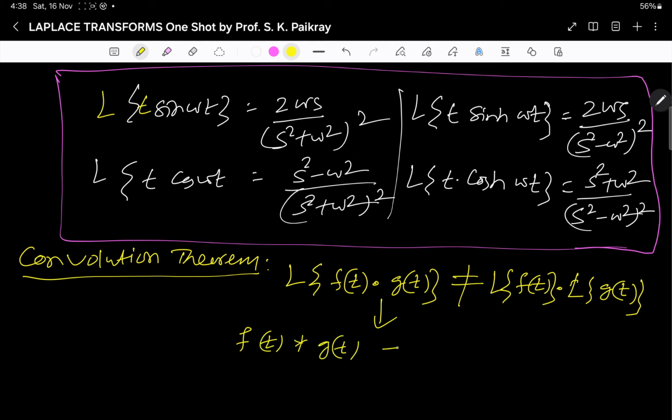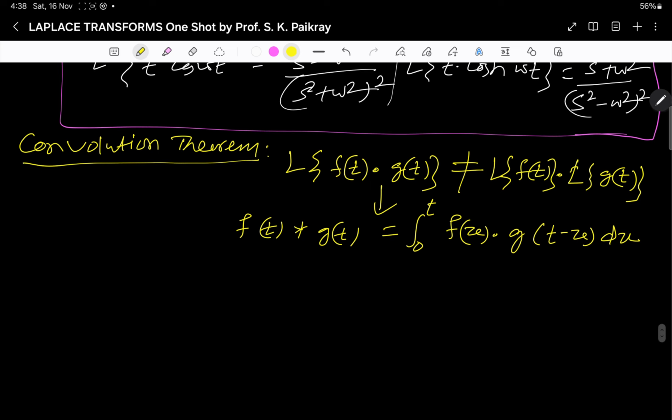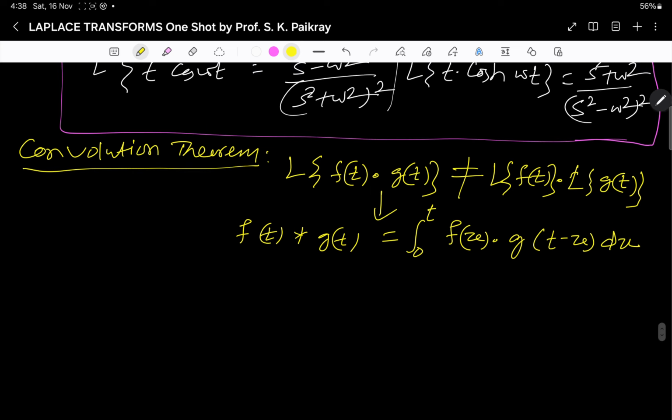The formula is integral 0 to t f of u into g of t minus u du. Now this product function can be handled by the convolution theorem. So what is the convolution theorem? We have L inverse of F(s) into G(s) is f(t) convolution g(t).